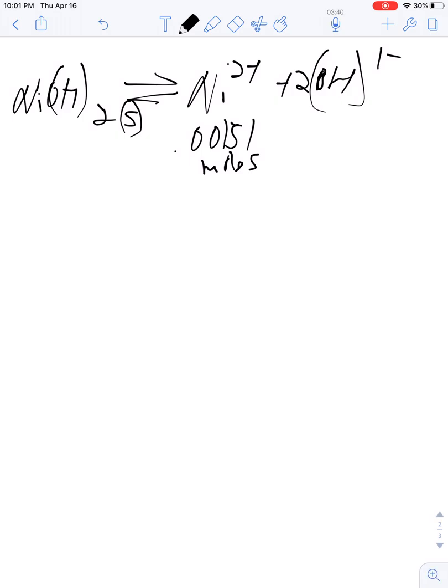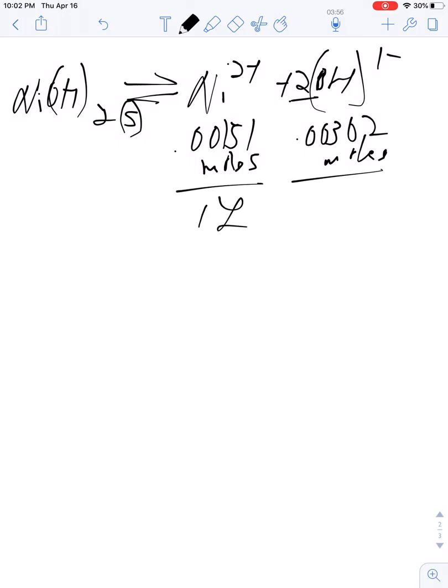The amount of hydroxide will be twice as much because of the mole ratio of 2. So those are the moles of each of those, each in 1 liter. So my molarity is 0.00151 molar, and the molarity of this is 0.00302 molar.